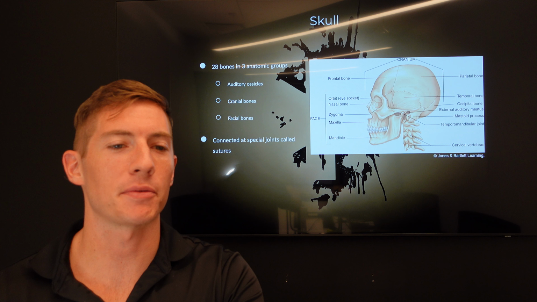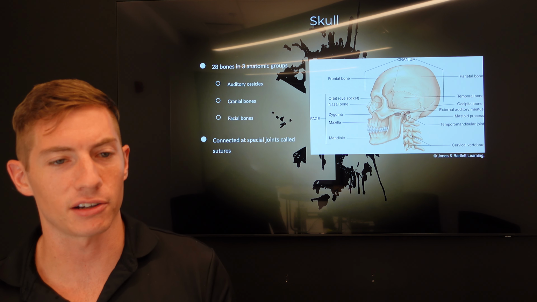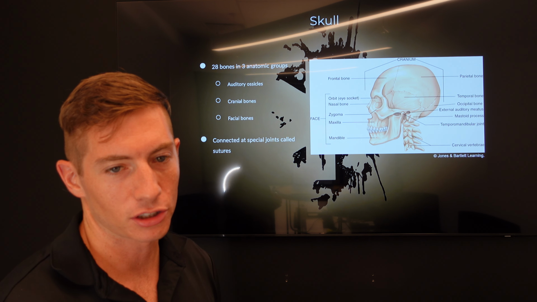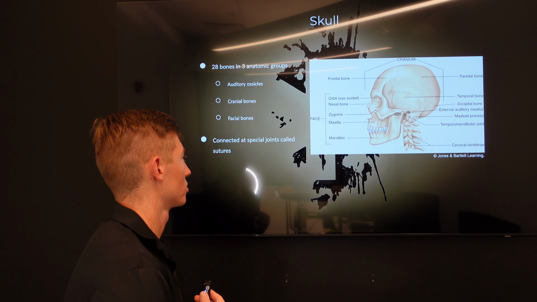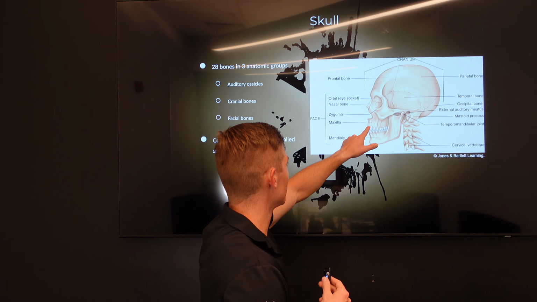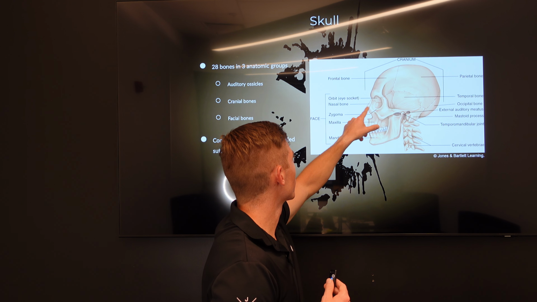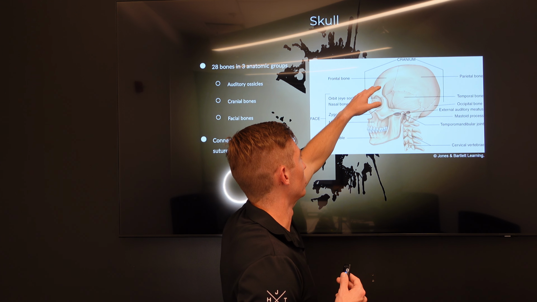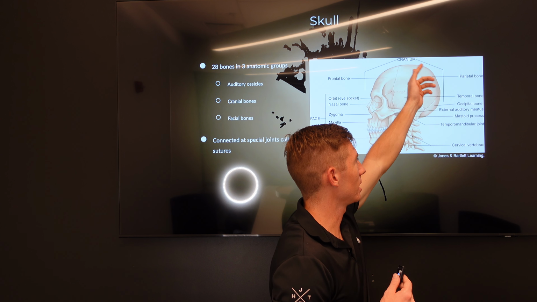Skull. The skull is at the top of the axial skeleton. The skull contains 28 bones in 3 anatomic groups. You have your ossicles, your cranial bones, and your facial bones. All right, so mandible, maxilla, that's easy. Then you have your zygoma, your nasal bone. Okay, nose is easy, orbital is easy. Frontal bone. It's in the front. Parietal bone, okay, in the back.